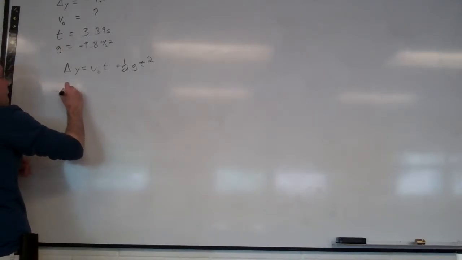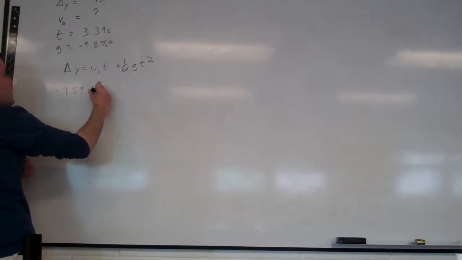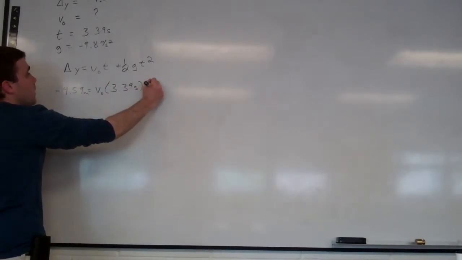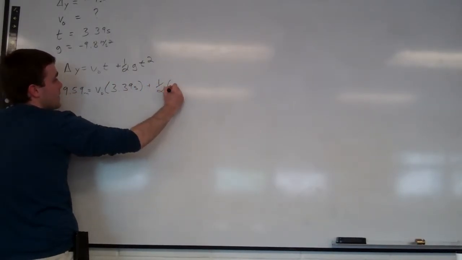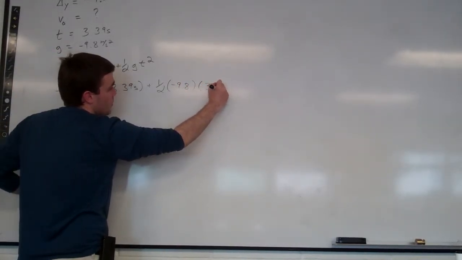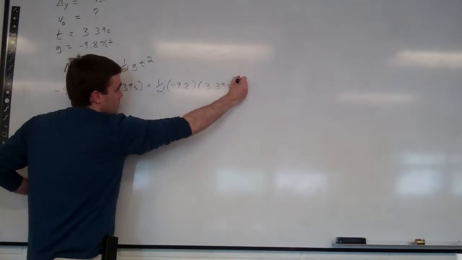We get negative 9.59 equals v initial times 3.39 seconds plus 1/2 times negative 9.8 times 3.39 seconds quantity squared.